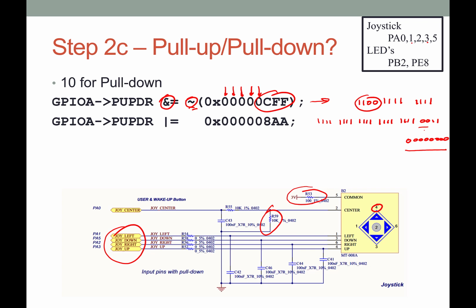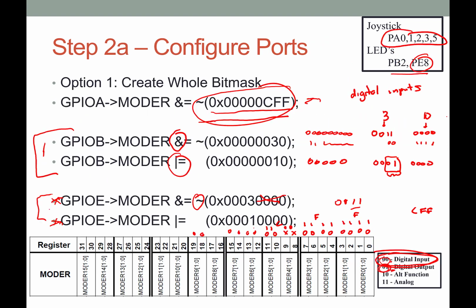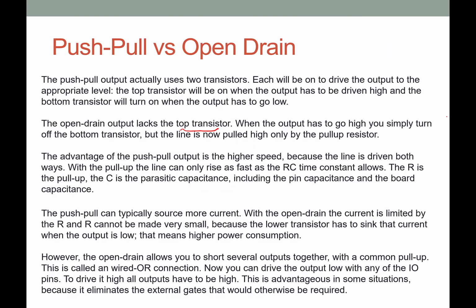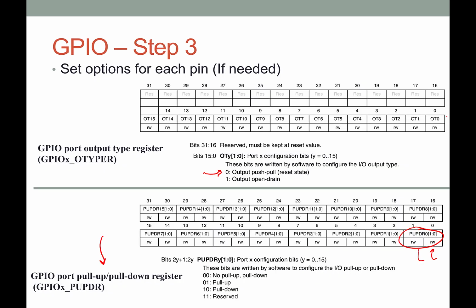Well, what is that going to do? Well, we need to do something with port A0, 1, 2, 3, and 5. So we're skipping needing to do something with port A4. That's where those 2 bits are doing something. So we're clearing those bits, and let's make sure we see that if we go way back to the pull-up, pull-down register. There we are.